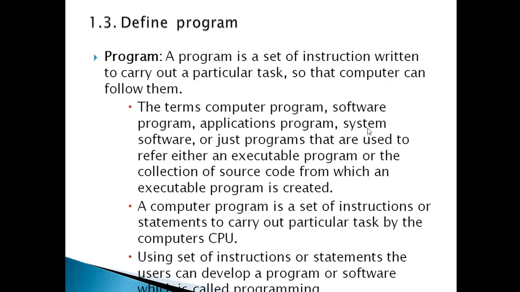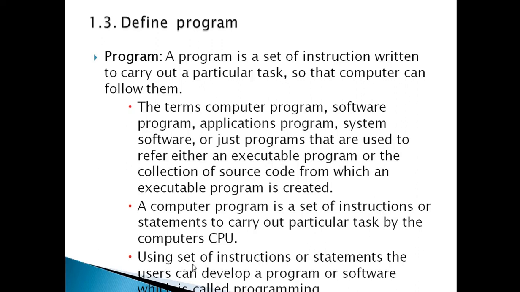The term program is used to refer either to an executable program or the collection of source code from which an executable program is created. A computer program is a set of instructions or statements to carry out a particular task by the computer CPU.